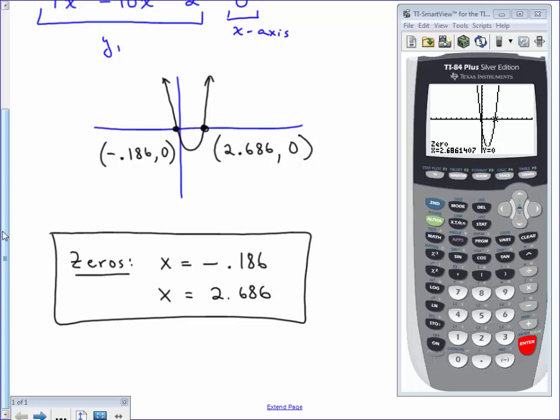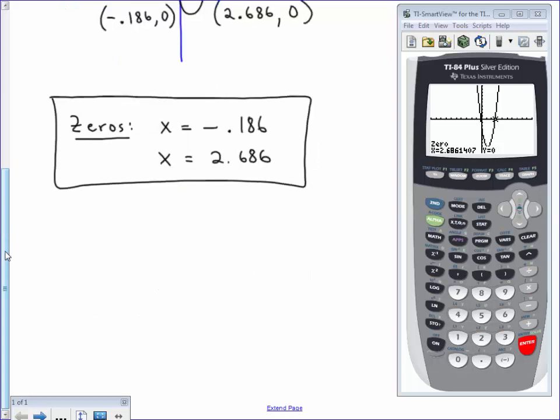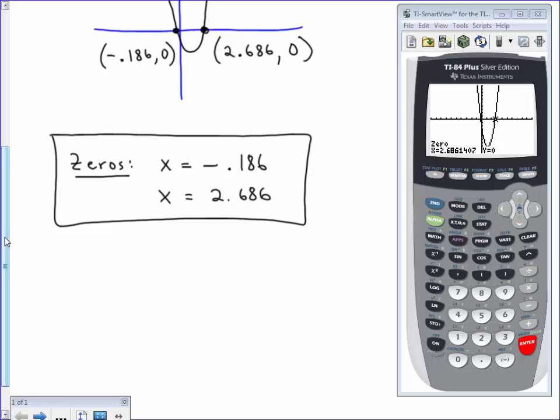I do want to make a note about notation, and that specifically has to do with the y values that we have here. There is what we call scientific notation, and every now and then on your calculator it will pop up using scientific notation.